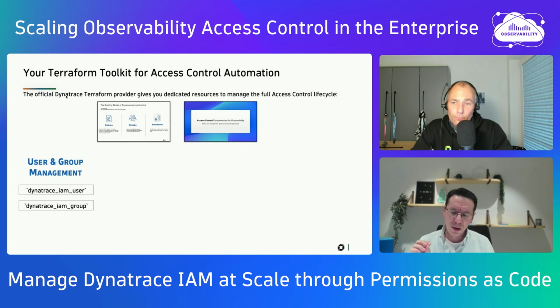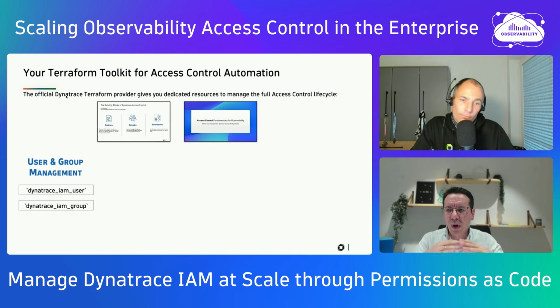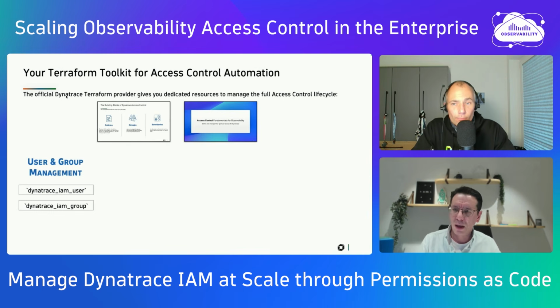I just wanted to highlight the key resources implemented by the Dynatrace Terraform provider. Also, I should have mentioned earlier, both Monaco and Terraform, you can think of those tools as wrappers around the API. They use declarative language, but they're basically making the calls, doing the hard work to actually call the backend APIs.